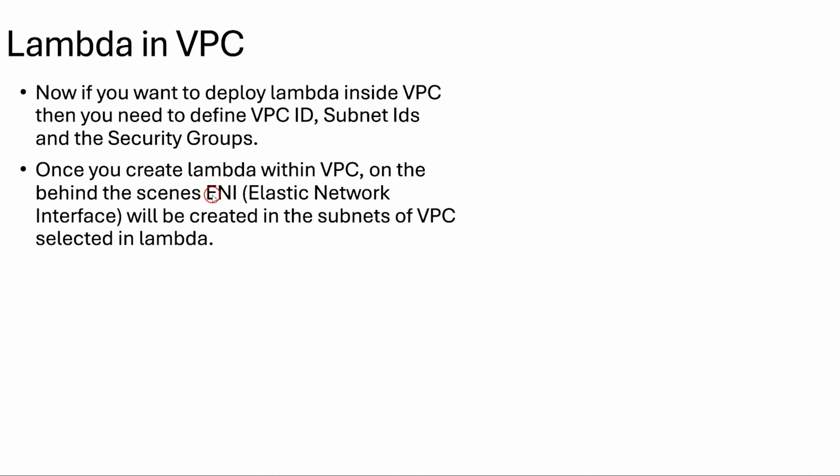What is the use of this Elastic Network Interface? By using it, we can access other resources in the VPC. That is the purpose. This Elastic Network Interface will be created behind the scenes by Lambda for us, and remember, it is created if you want to run a Lambda within a VPC.